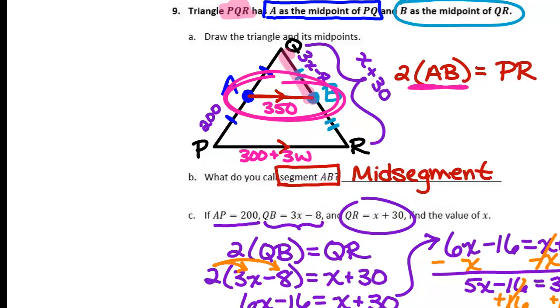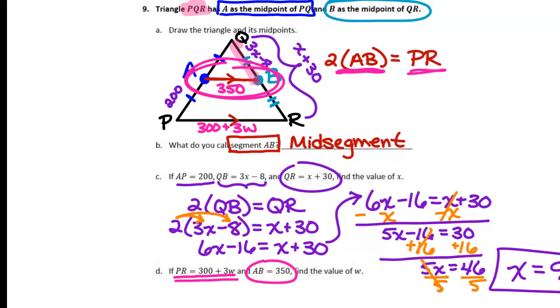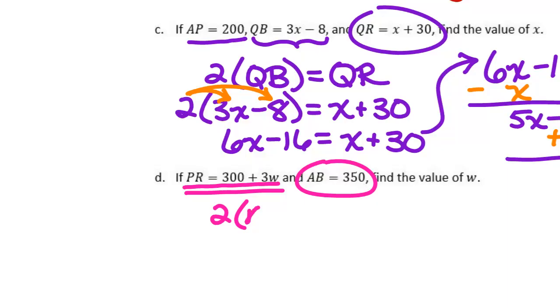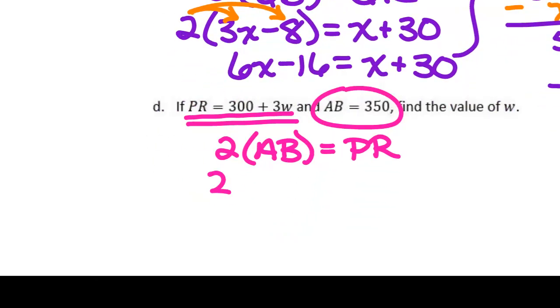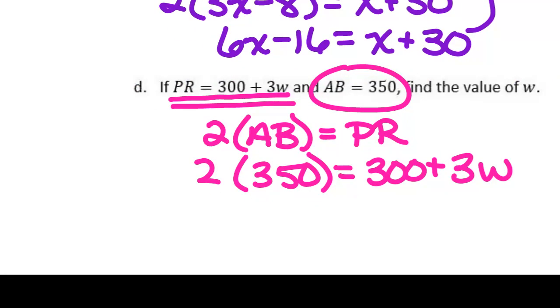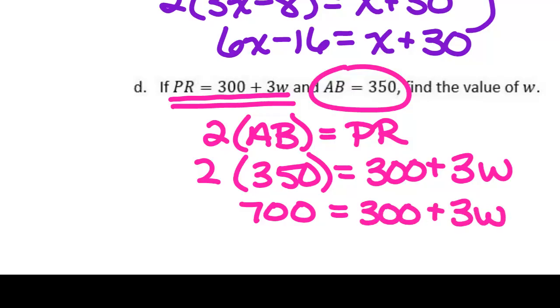Yes, 2 segments the size of AB will equal PR. So I'm going to do 2 times AB equals PR. So 2 times 350 equals 300 plus 3W. What is 2 times 350? 700. So 700 equals 300 plus 3W.